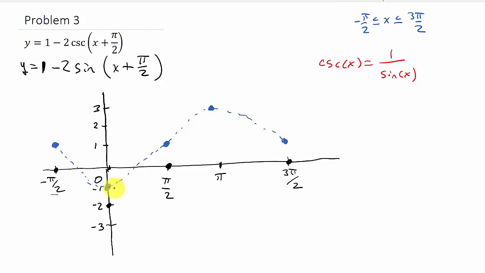Remember, these points are this function here plus 1. So if you just take that out, we want to know when this is 0. Well, we did that. It's 0 here, here, and here. So that's where our vertical asymptotes are going to be. So we draw in our vertical asymptotes.